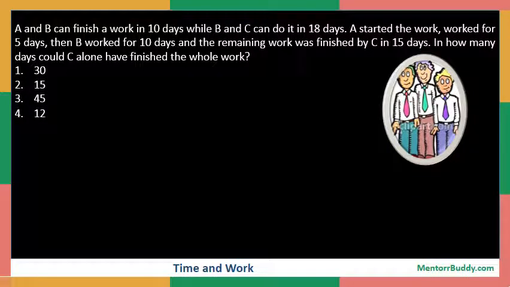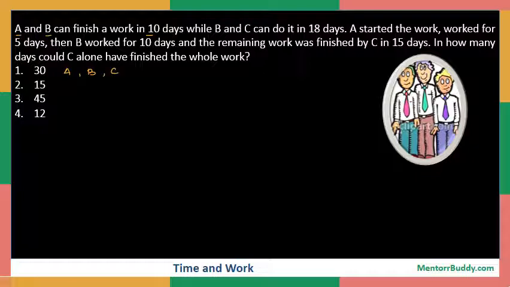As it is given in the question, A and B can finish a work in 10 days. So let me assume that A can complete the task alone in A days, B alone in B days, and C alone in C days.